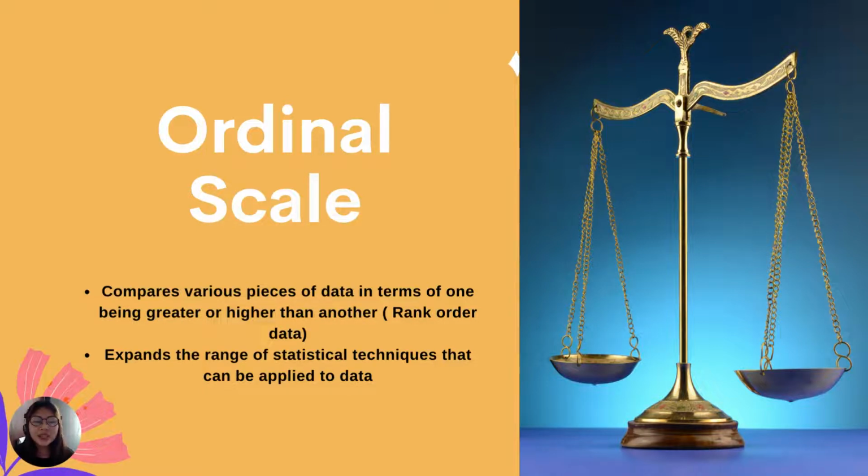So it expands the range of statistical techniques that can be applied to data, like the median. Okay, so if the nominal scale is mode, in ordinal scale you can use median, percentile rank, and Spearman's rank order correlation. I'm not familiar with Spearman's rank order correlation.